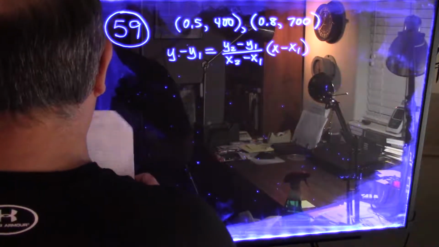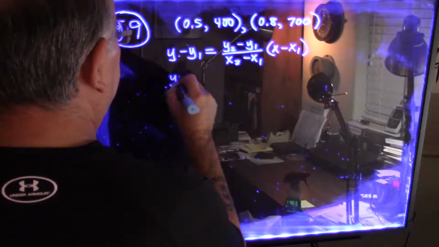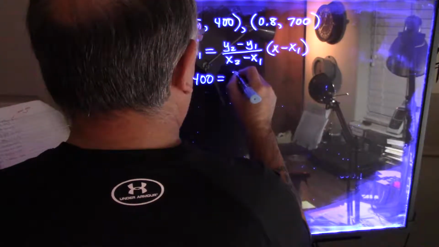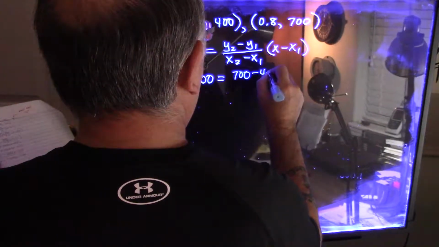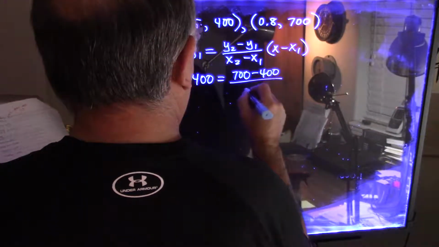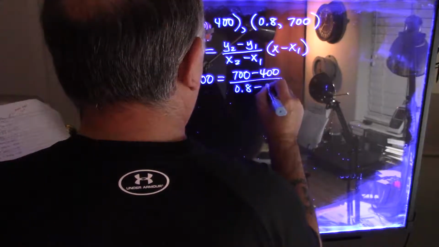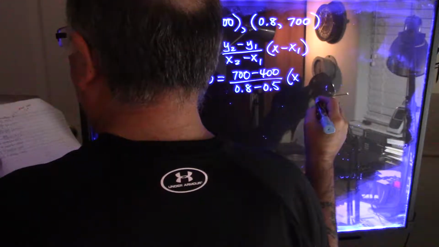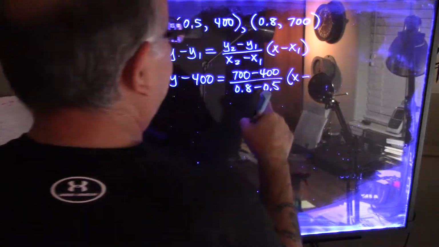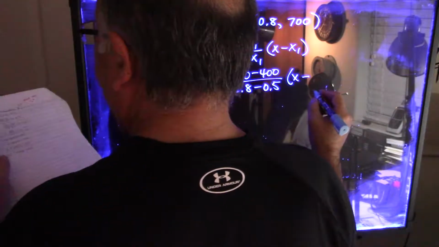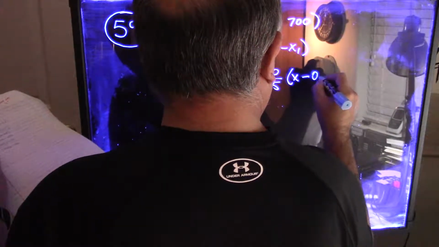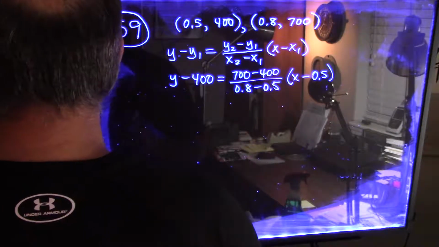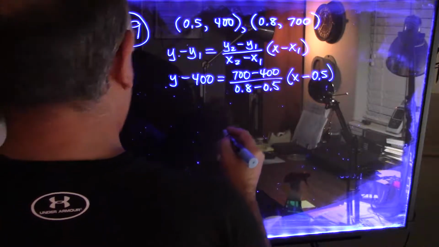So we've got y minus 400 is equal to 700 minus 400 over 0.8 minus 0.5 times x minus 0.5. Well, silly me, I could just use 1,000 because we already know what that is. I'm so used to just plugging and chugging in a formula that it just becomes second nature. So we'll just change that to 1,000 next step.